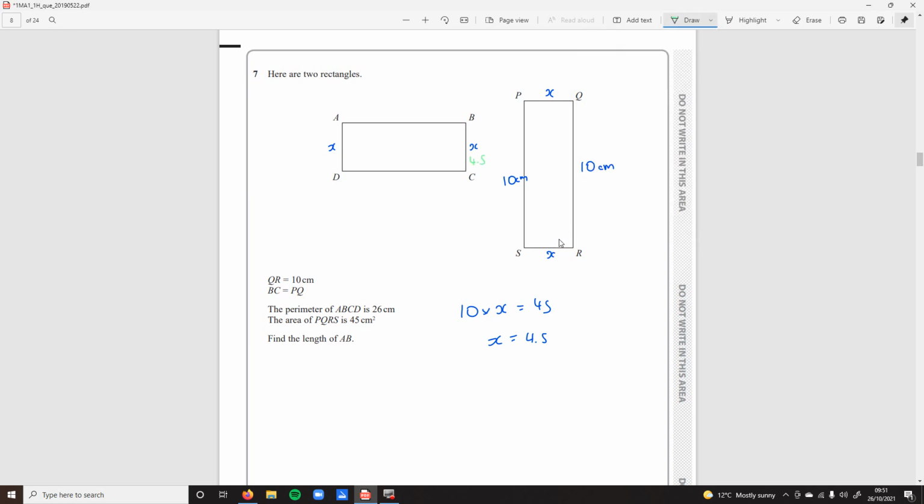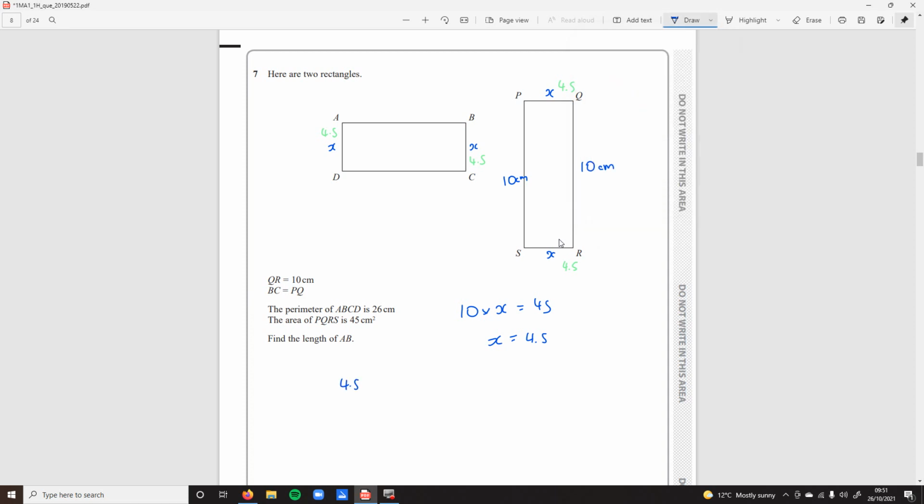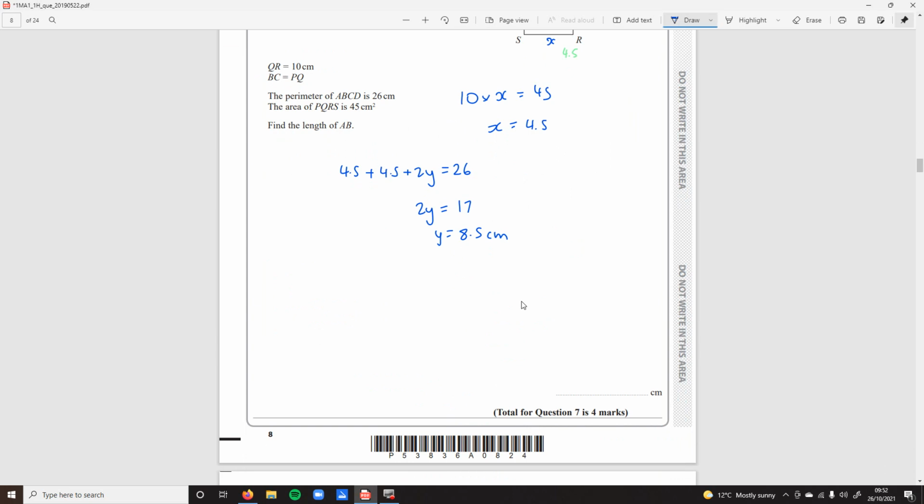Let me write that in. 4.5, 4.5. So therefore, perimeter, so 4.5 plus 4.5, and then we're going to call these y actually, plus 2 lots of y equals 26 centimeters. So 2y equals 26 take away 9, 17, y equals 8.5 centimeters. So AB equals 8.5 centimeters.